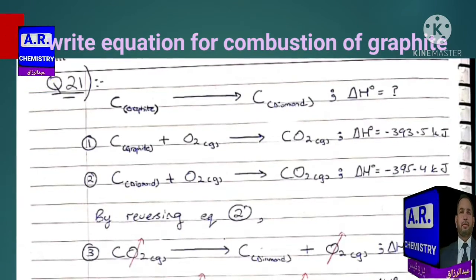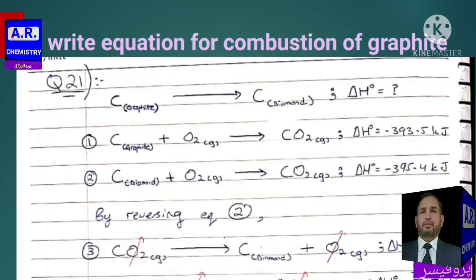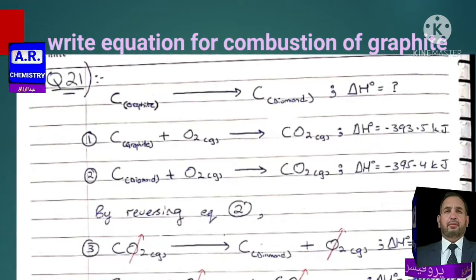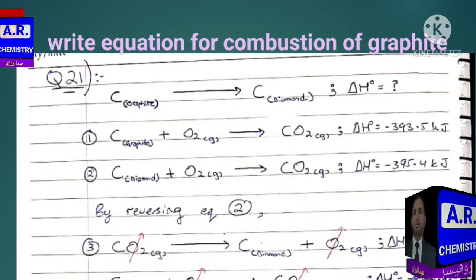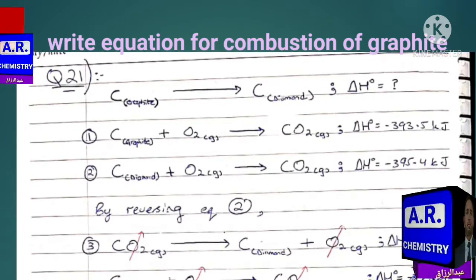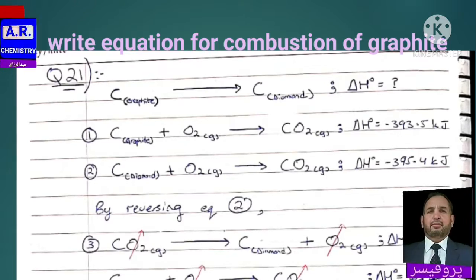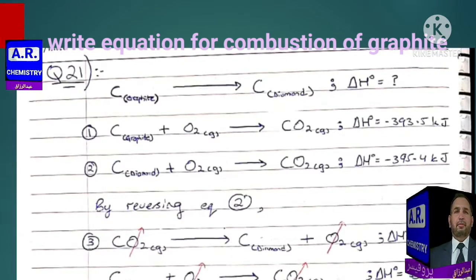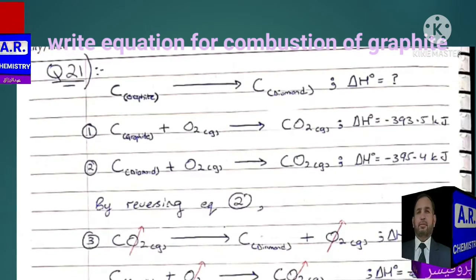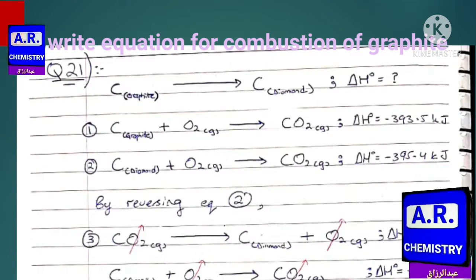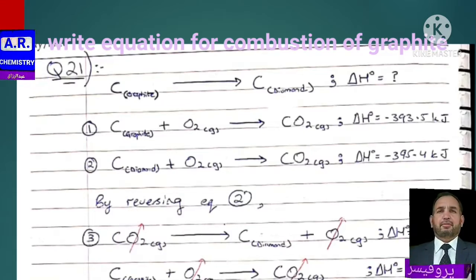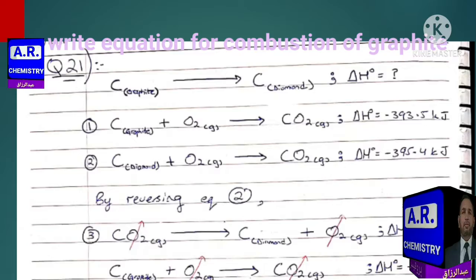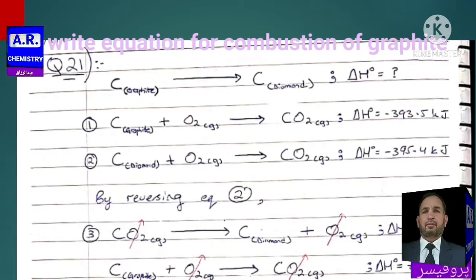So as number one, as I have encircled one, you are to write the first equation according to data, that is heat of combustion of graphite, that is provided, and you are familiar this heat is minus 393.5 kilojoules per mole. It means that in the questions which we have done so far, the combustion of carbon heat that was given, which was of graphite.